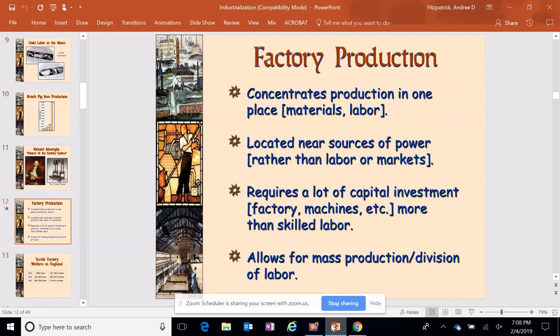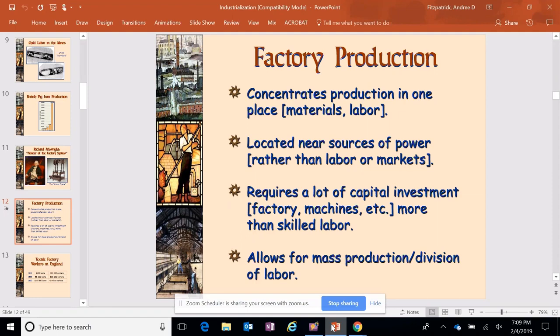Some of the major characteristics of the factory system: one is concentrating production in one place. So materials, labor, machines, everything is in one place, rather than having it spread out to various households. Where these factories are located is where the power sources are. So originally the factories were located on the river systems because they were powered by water.